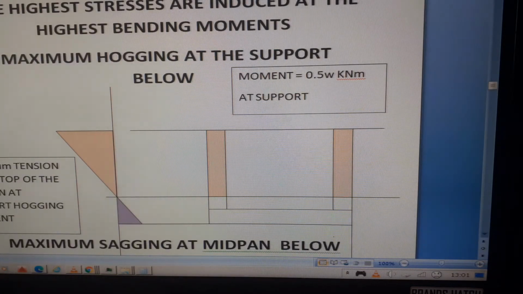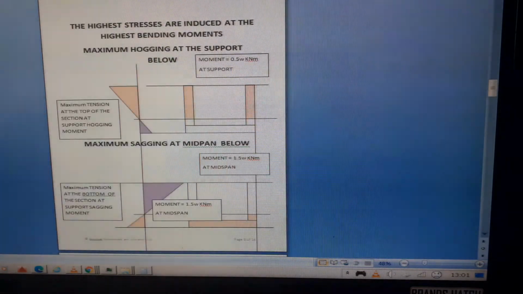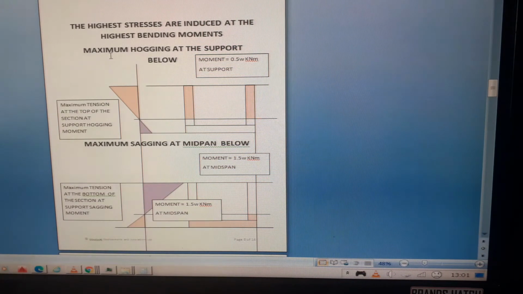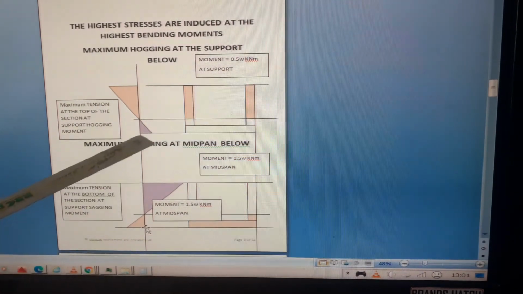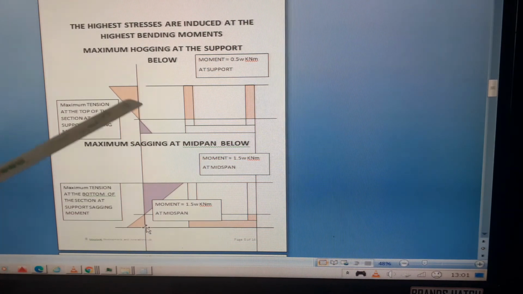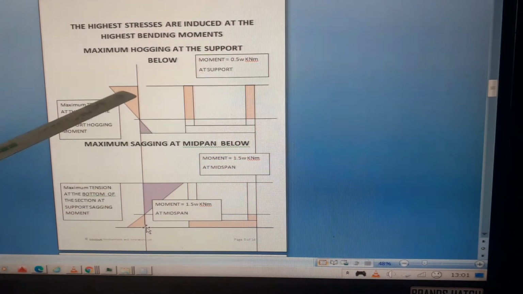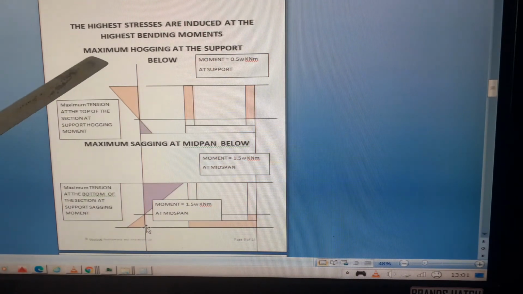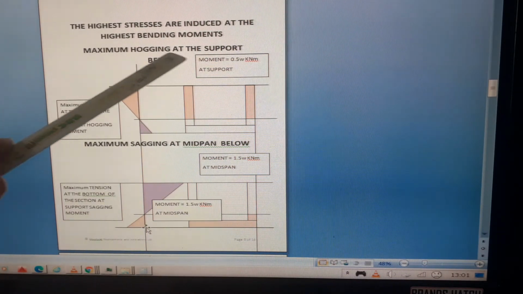But we've got the maximum hogging at the support, moment 0.5W, and the maximum sagging is at the middle, 1.5W. So we'll have maximum hogging at the support.